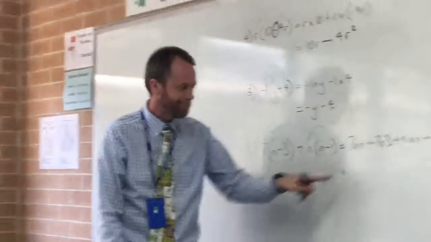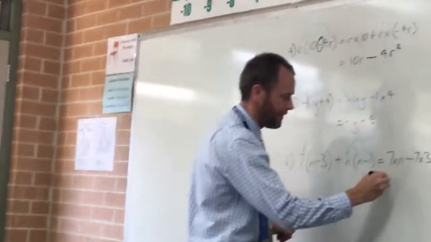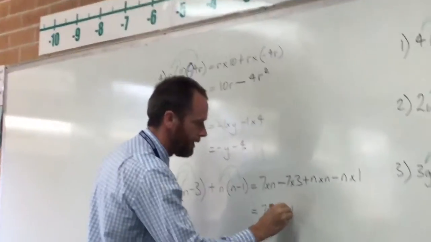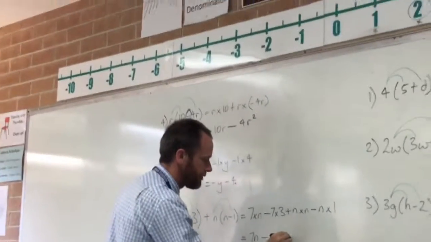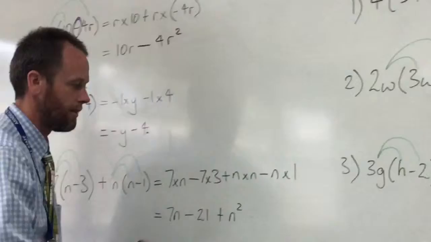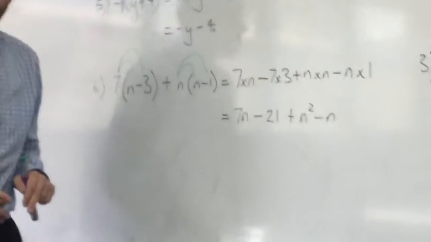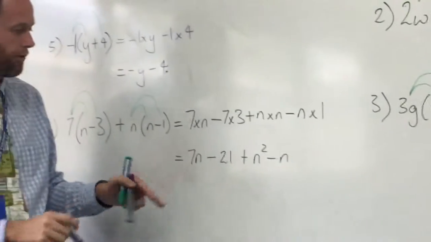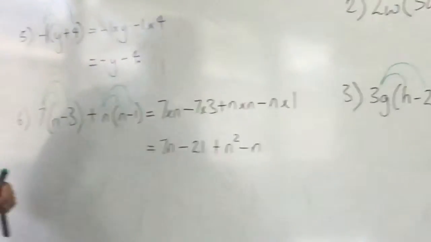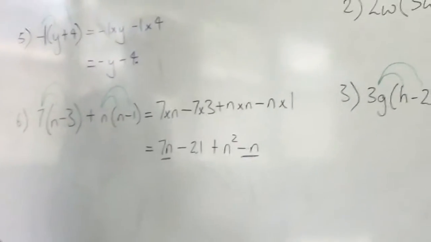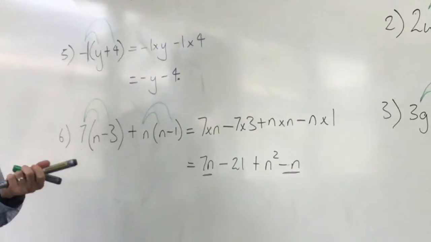Alright. We then have 7n minus 21 plus n squared minus n. There are only 2 like terms here. If you look carefully, you'll see the 2 like terms, in this case, are that one and actually that one. So that's about all we'll be able to do to simplify it.